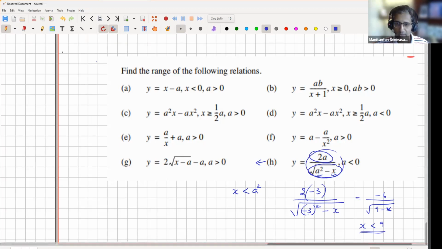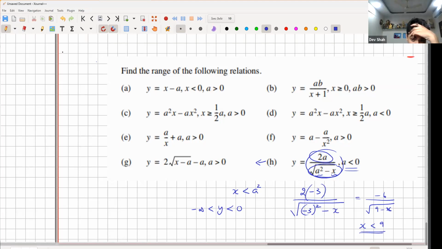So y will take any value which is less than 0. But of course, you won't hit 0 because a cannot be 0. A is given to be less than 0. And then all the way till -infinity. How can it be -infinity? As we just said, as x is approaching a square, this will approach -infinity. Does it make sense?